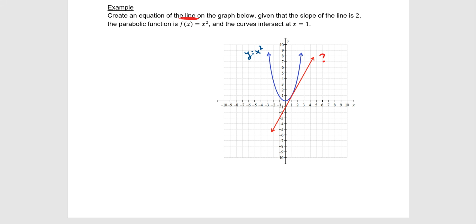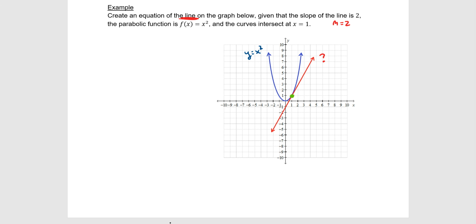We are given that the slope of the line is 2, and the curve intersects the line at x equals 1. So this point right here that they intersect, in green, we know that that is at x equals 1.